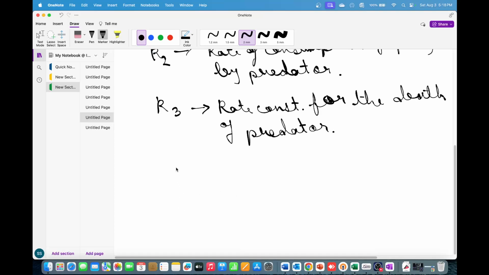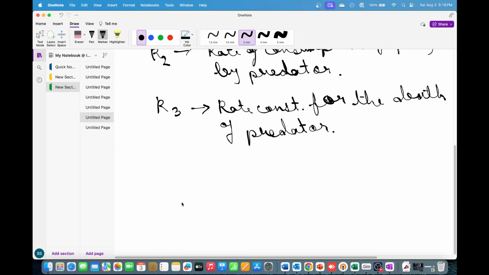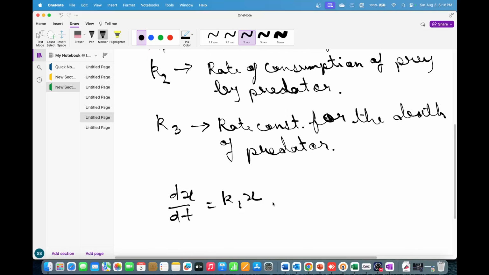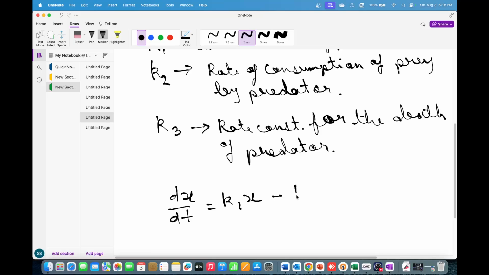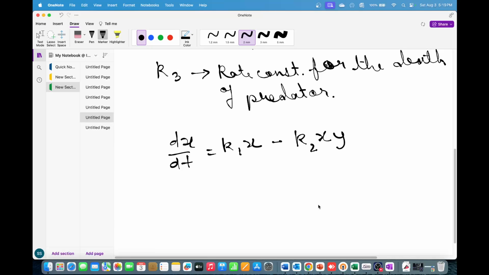So your system will look like this. If X is the number of prey and Y is the number of predators, the rate of change of the number of prey will depend on the growth rate of prey into the concentration of prey, minus the rate at which the prey is being eaten by the predator, which is dependent on both the concentration of the predator and the prey. This is for the prey.